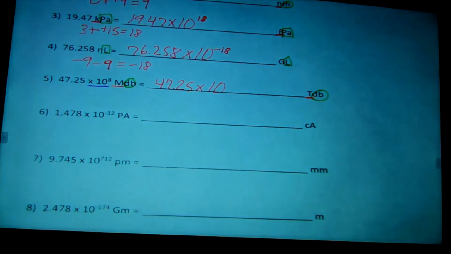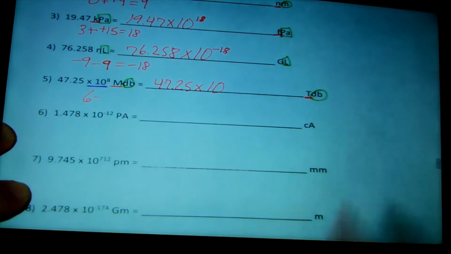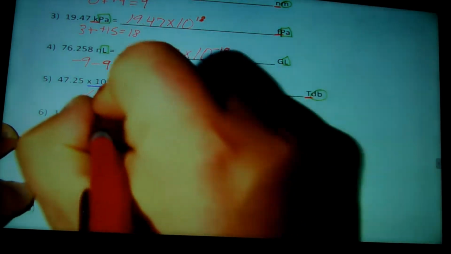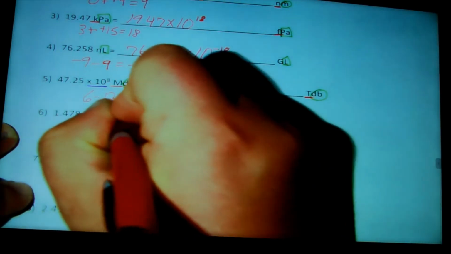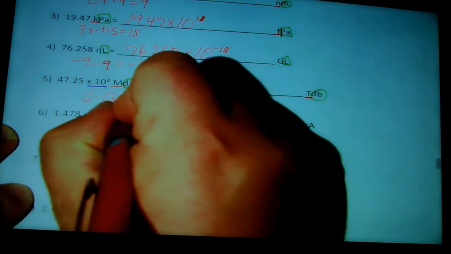Now in this case, we first start by finding the difference between the prefixes. So mega is 6 minus tera. Excuse me. Tera is 12. 6 minus 12 will give me negative 6.